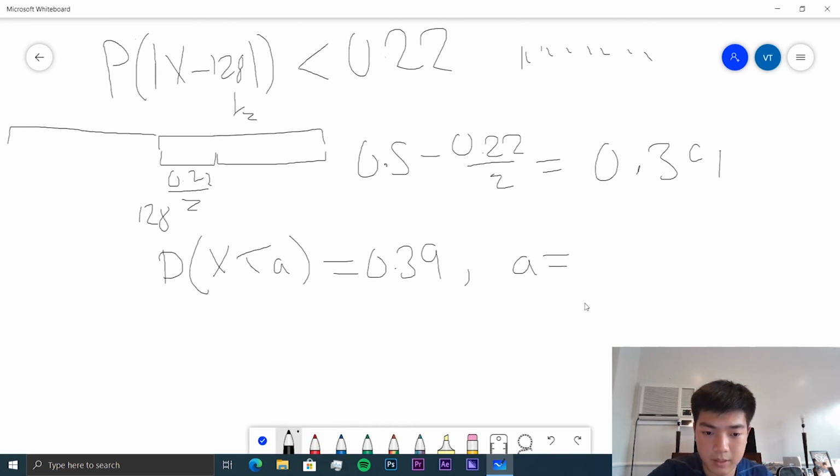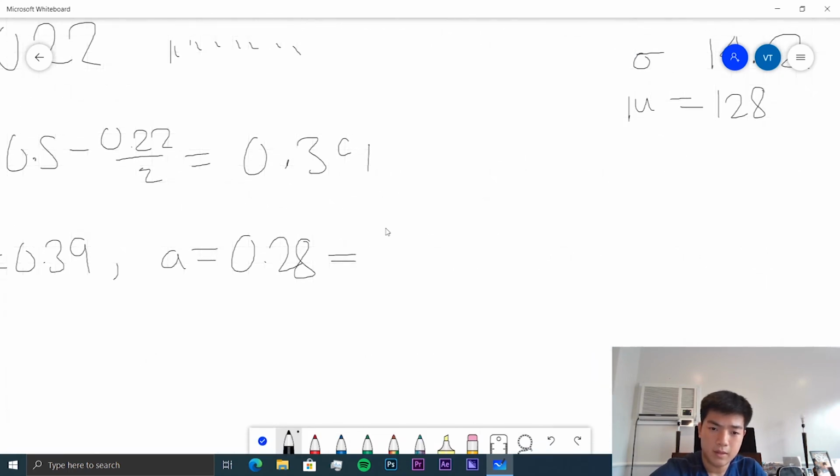So 0.28 is equal to a minus 128 over 14.2. Okay, so that's probably it.